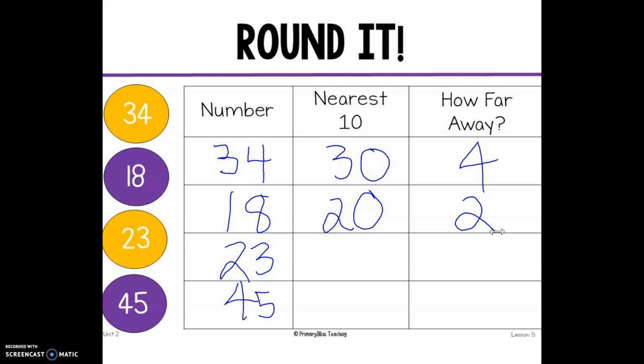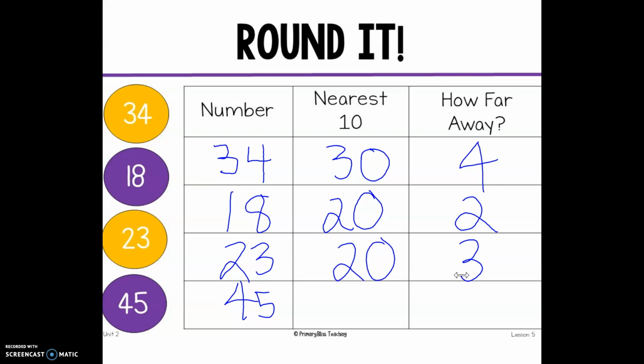Now 23, and I'm going to round that to the nearest 10. 23 is between 20 and 30. It is closer to 20. So rounding 23 to the nearest 10, it would be 20. How far away is 23 from 20? It is 3 away. Lastly, we have 45.